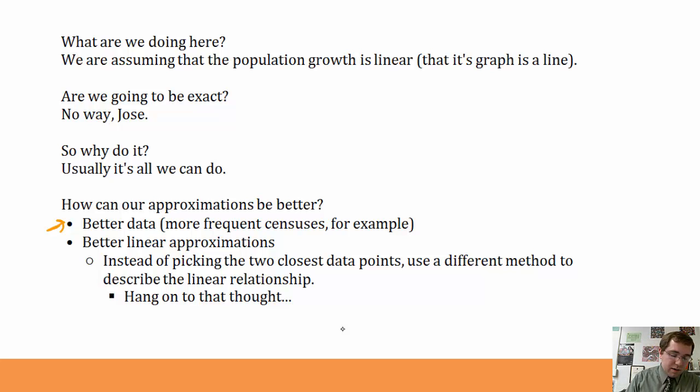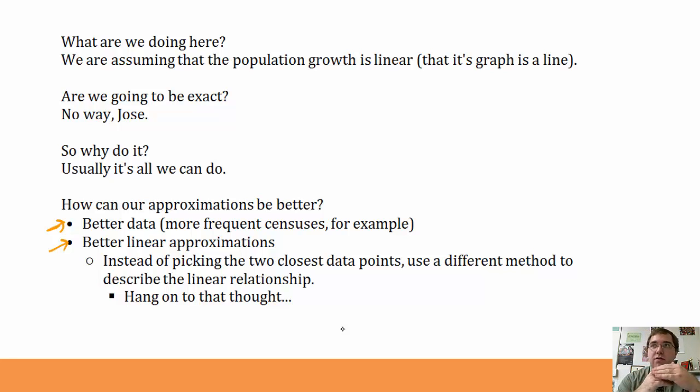I could take a better linear approximation. What does that mean? Well, instead of picking the two closest data points, so for 1953 I picked 1950 and 1960, I can use a different method to describe that linear relationship. Maybe I could take 1900 and 2010 and assume that the linear relationship is fairly consistent over those 110 years.